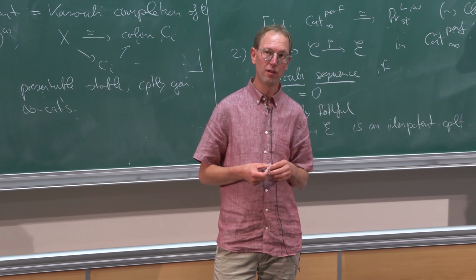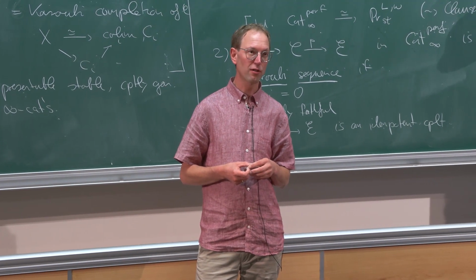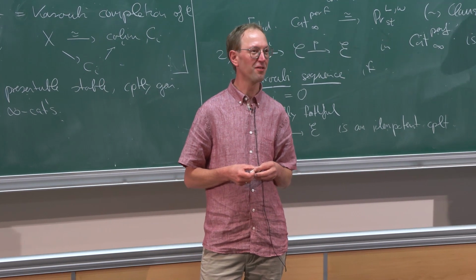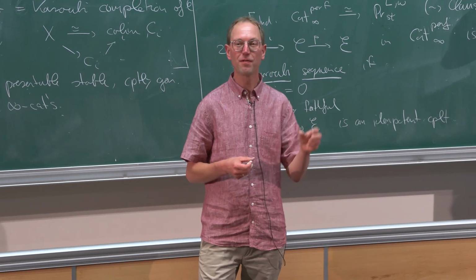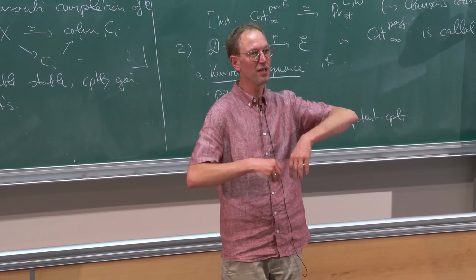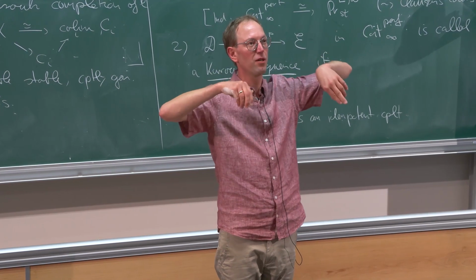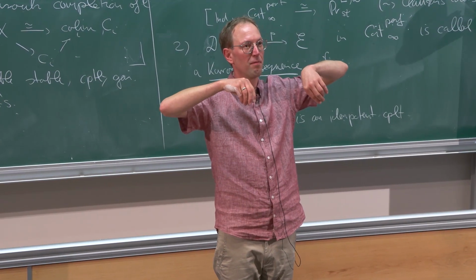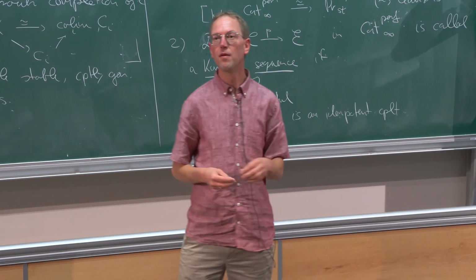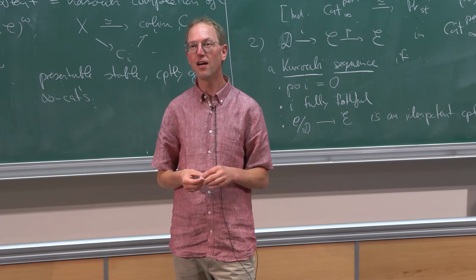Just like in the C to C inverted double. I think so, yes, but I'm not completely sure. Maybe someone can comment on this. What was the question? If you take any small infinity category and you have a localization and then pass to the Ind-completion, do you get a Bousfield localization? Wait, but the point for the existence of the right adjoint was that you commuted with filtered colimits.